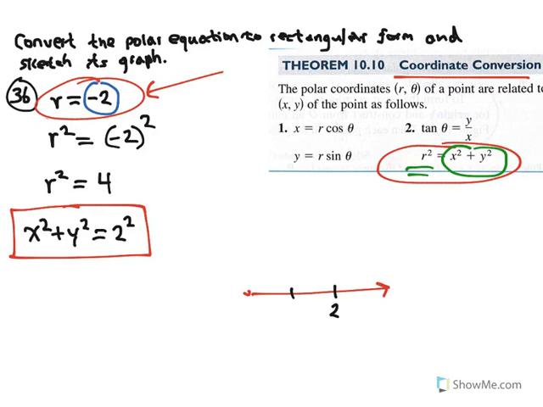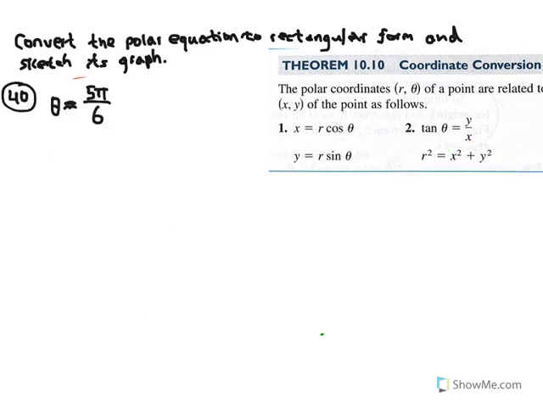The reason we say the opposite ray is because r is a negative value, and r is the directed distance from the pole. But that doesn't really matter, because for any angle, you'll just be finding a point that's 2 units away from the pole regardless. So you'll have a circle with a radius of 2 units centered at the pole. So the graph can be obtained easily from either the polar equation or from the rectangular equation.